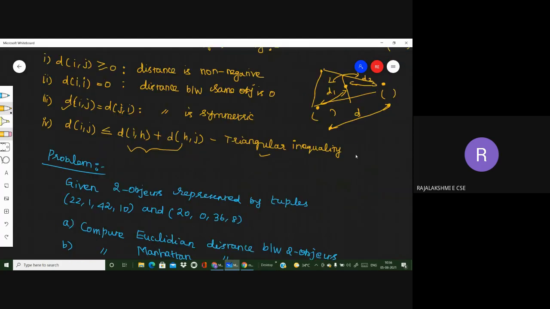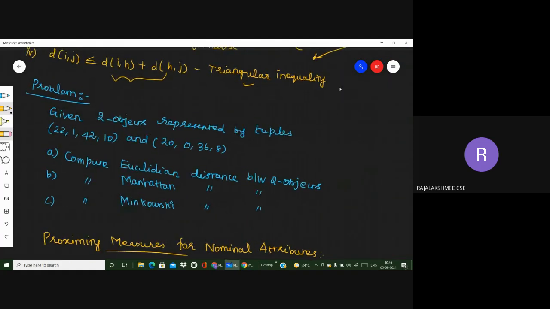Okay, take a problem. Given two objects represented by tuples. What do you mean by tuple? A row of the table.